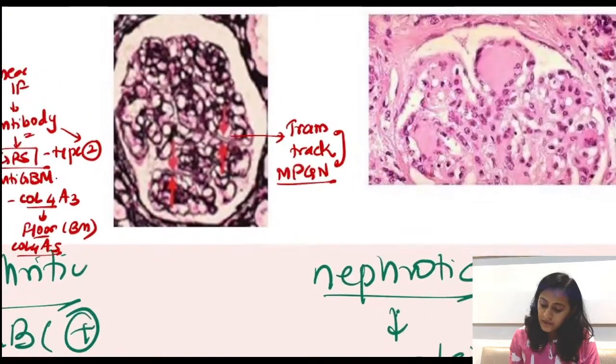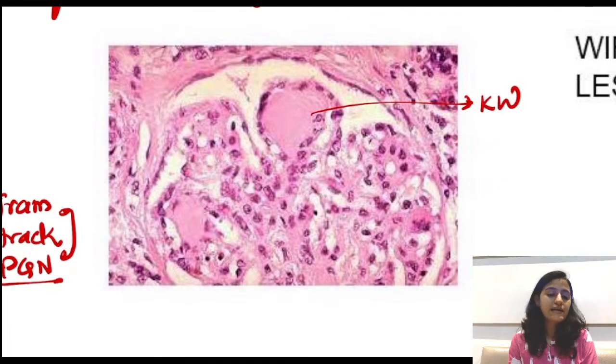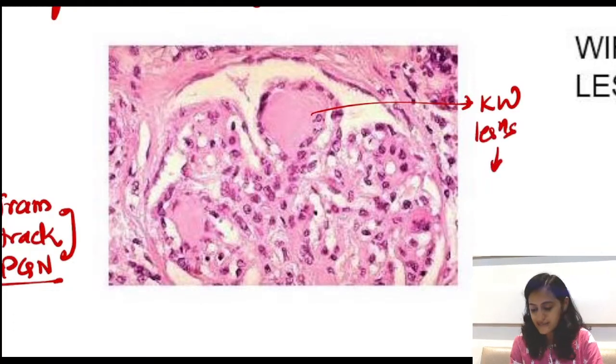Okay. Going to the next one, what is this? Where you see these hyaline kind of deposits that you are seeing here. Glomerulosclerosis, right? The hyaline deposits, nodular. These are called Kimmelstiel-Wilson lesions, which are KW lesions, which are seen with diabetes mellitus.